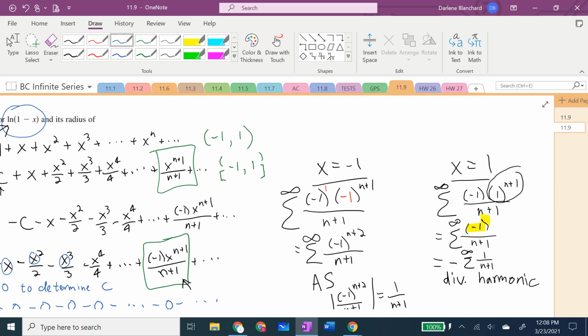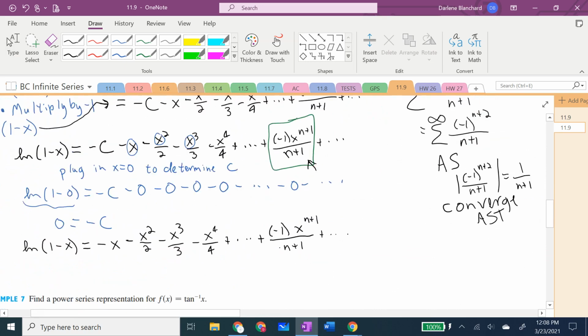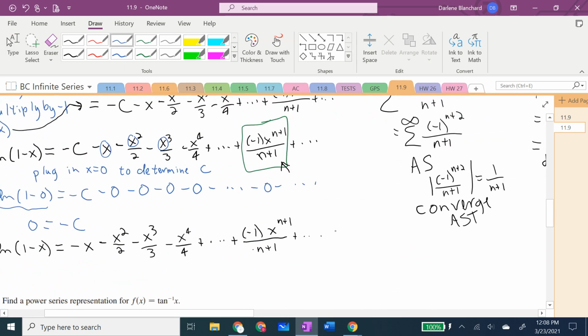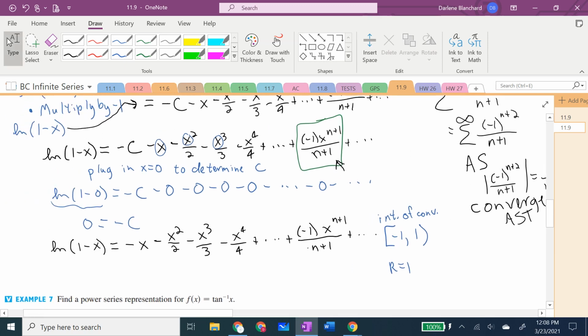So the final answer is inclusive of -1, not inclusive of +1, and that is your interval of convergence. Yes, and the radius is 1. The radius will not change by integration, but it can gain endpoints.